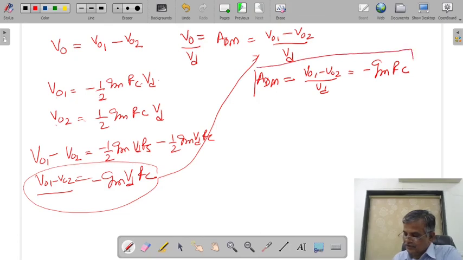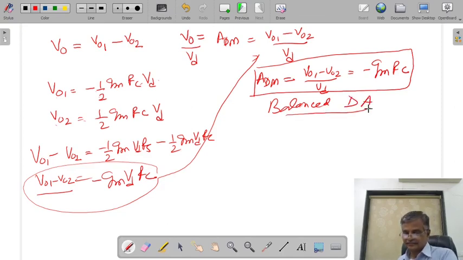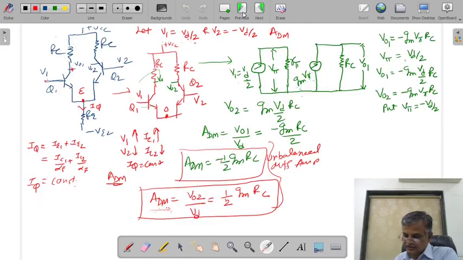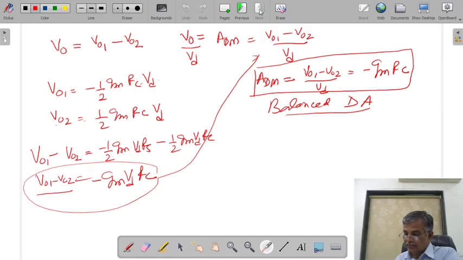Remember, this is the equation for the balanced differential amplifier. And this is the equation for the unbalanced one. Balanced, you know, is when you take the output between the two collectors.